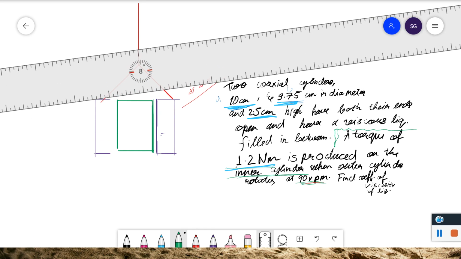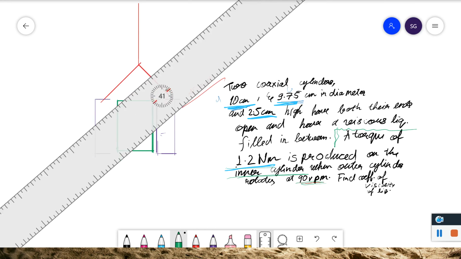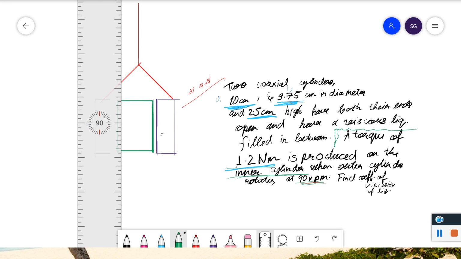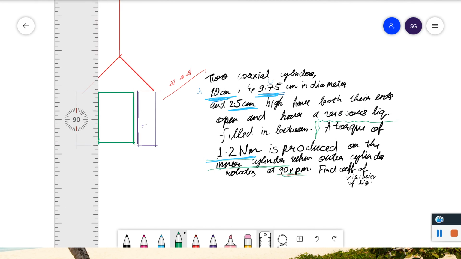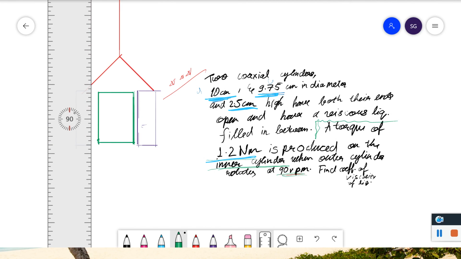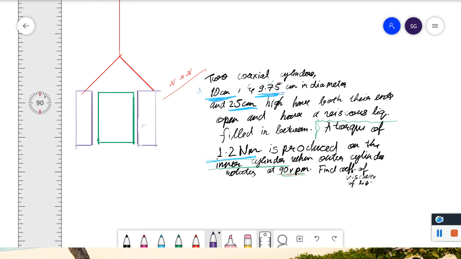So I have to give some time to this figure also. Okay, fine.